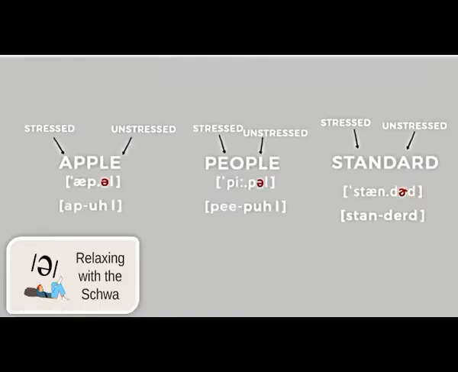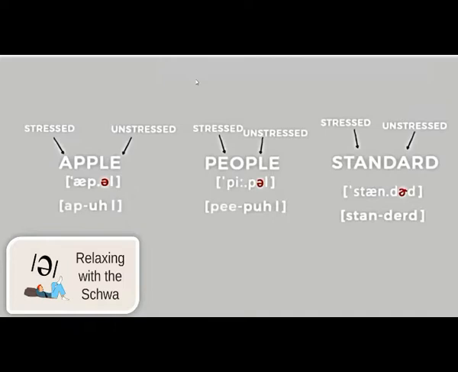One of the most important things that we should understand about the schwa is that it only appears in unstressed syllables. Like this, apple. Where is the stress in the first word?